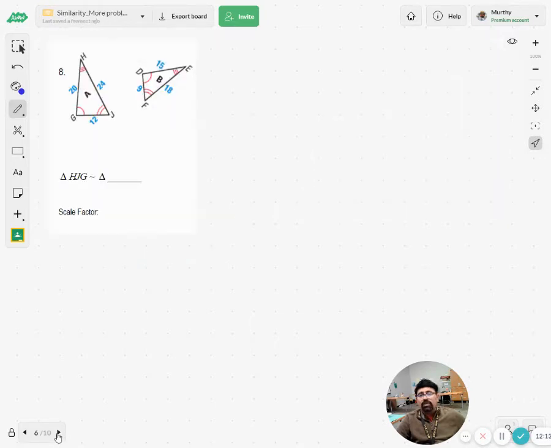Now let's take another example. Here again, the triangle's orientation is a kind of confusing. I see that in my first triangle, angle G has a single line. You can see that single line.